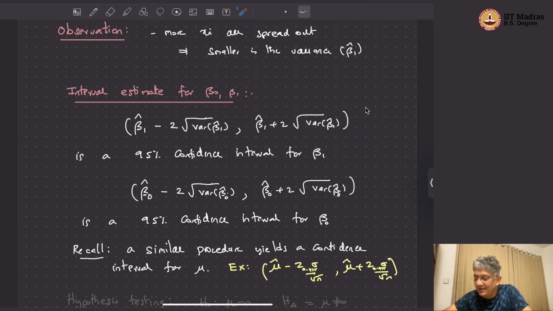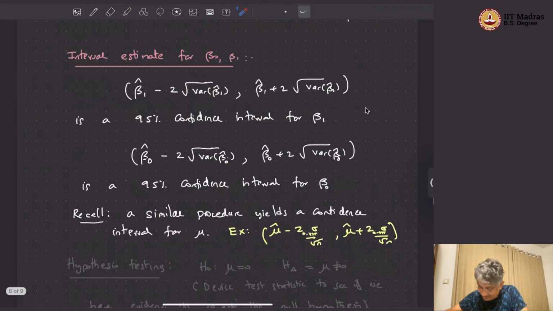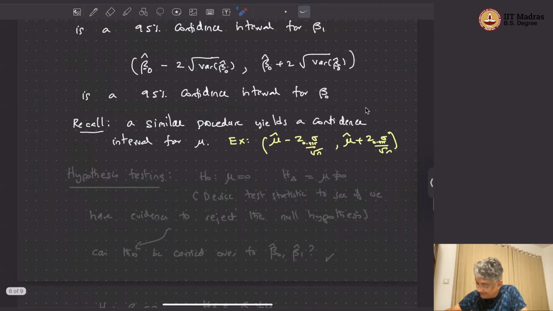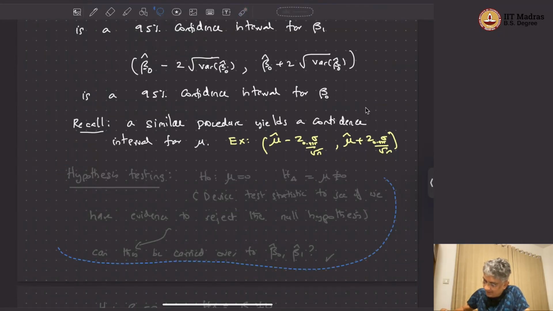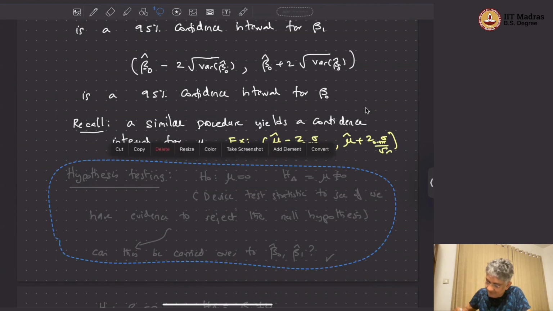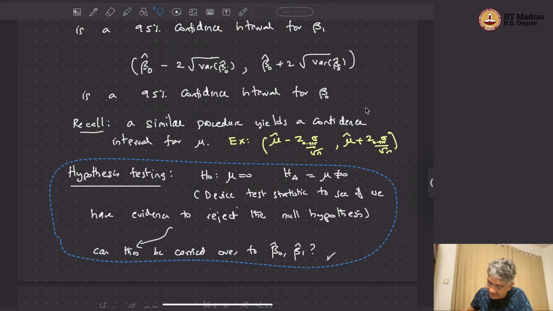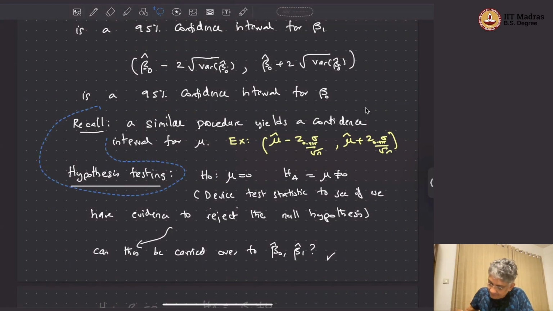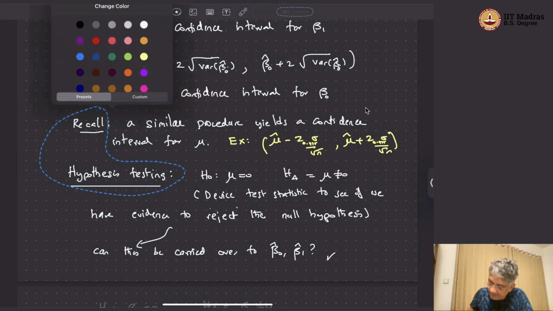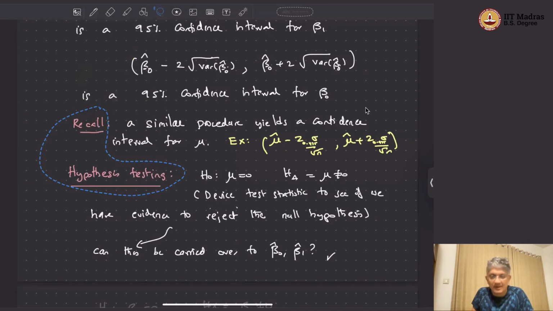The other thing we can do is test, like we did in the basic statistics class. You can devise many tests for the following thing. Suppose you had mu equal to 0 versus mu not equal to 0.